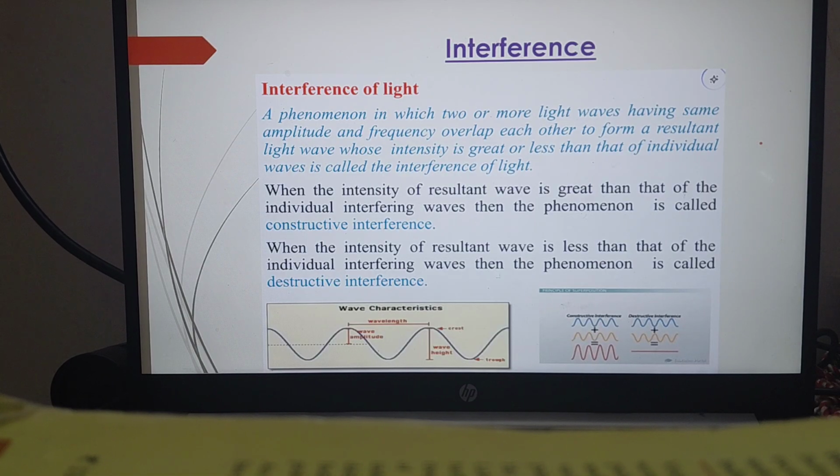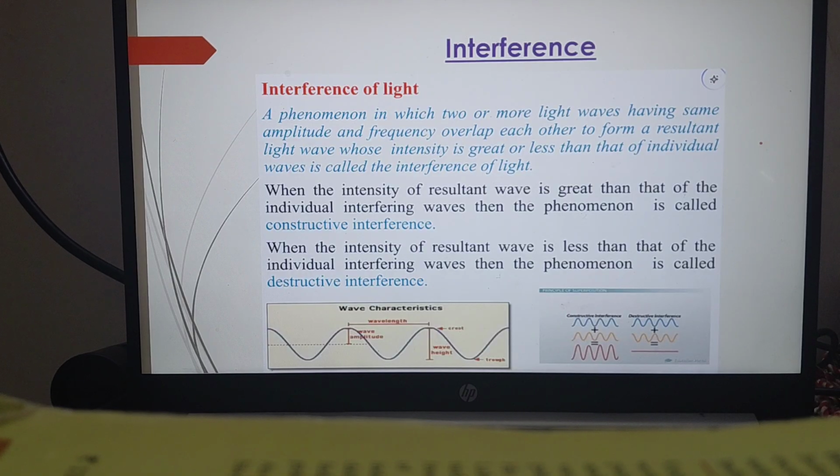Before going to interference, we need to understand what a coherent source is and what superposition is. Based on coherence and the superposition principle, the interference phenomenon will be understood.